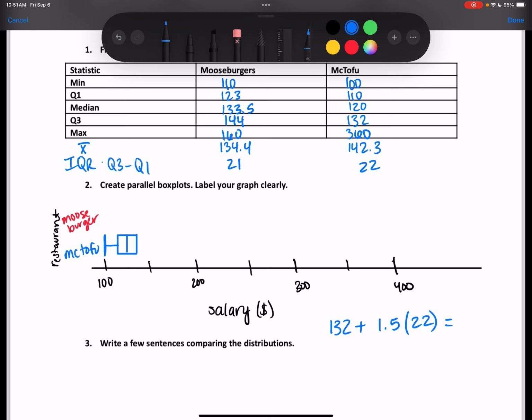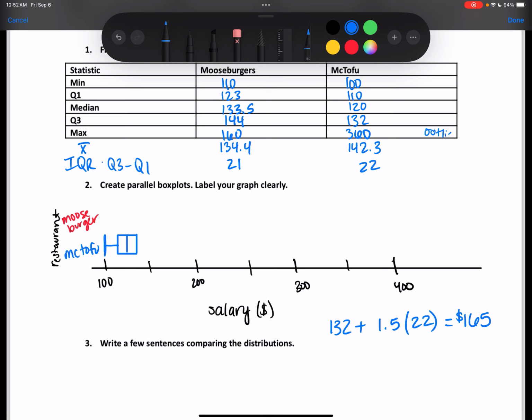I think it's like 153, but I'm not sure. Somewhere in that range. 165. Okay, I was not close. So 165 would be the upper fence for that, which tells me right away that 360 is an outlier.